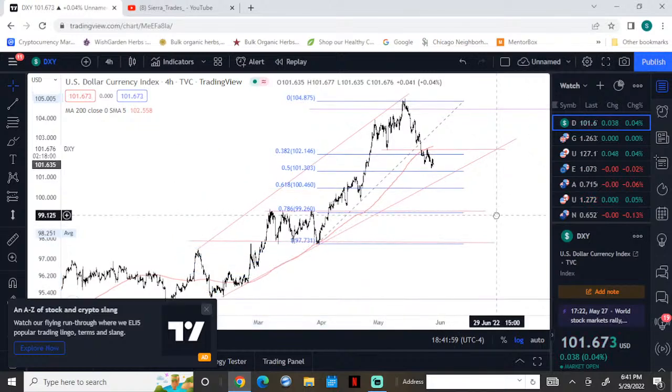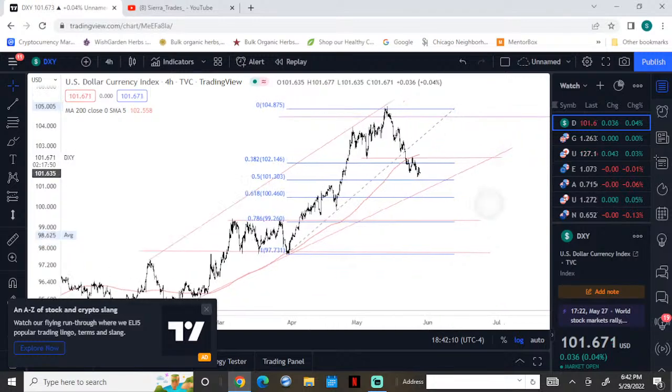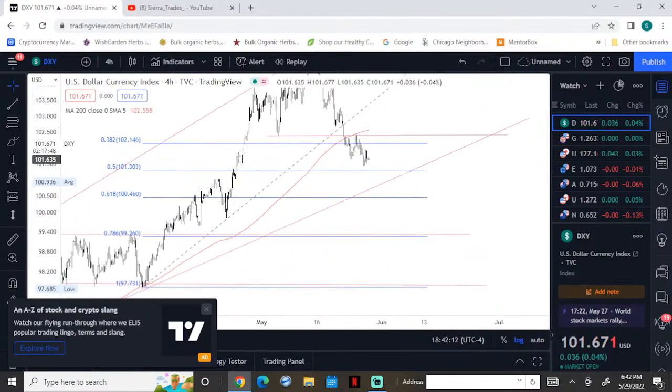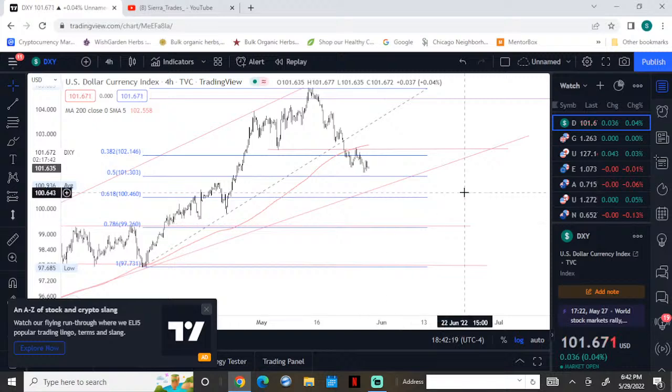And this is the same fib that we were waiting on last week. We were close to this 50%. We were waiting to see where our dollar is going to fall. If it's going to hit the 50, turn around, the 618 or the 786.